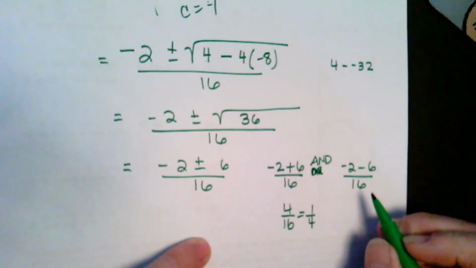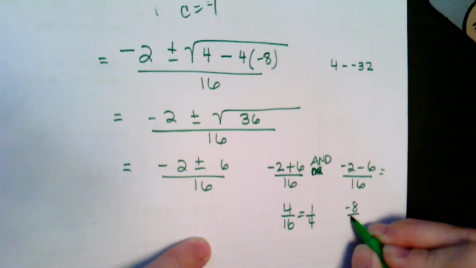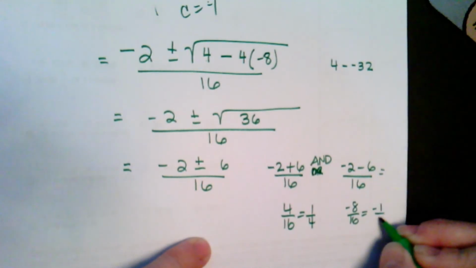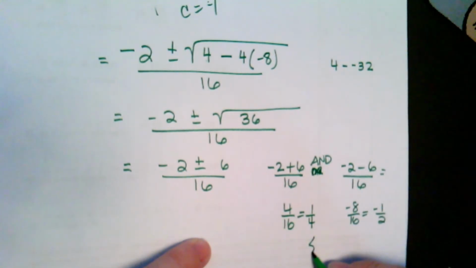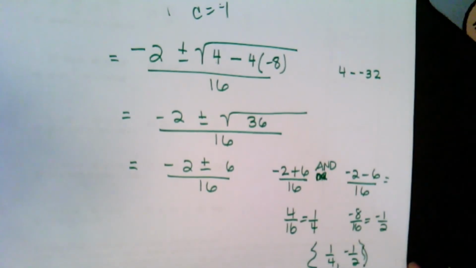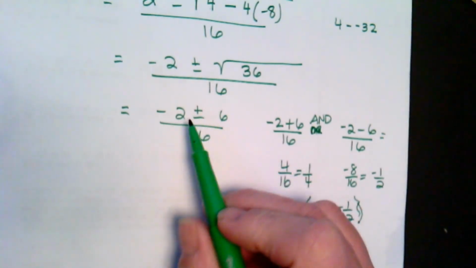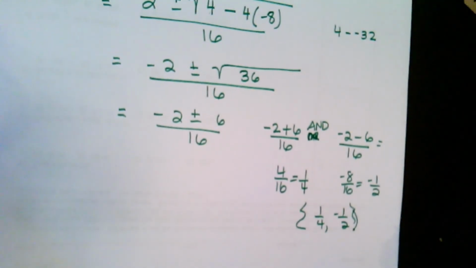And then this one would be -8 over 16, which is -1/2. So our answers are 1/4 and -1/2. Alright, so just remember the plus and minus thing will give you two different answers.